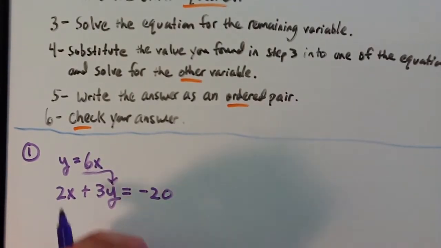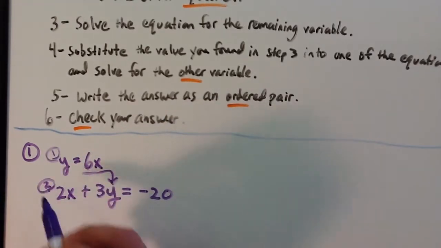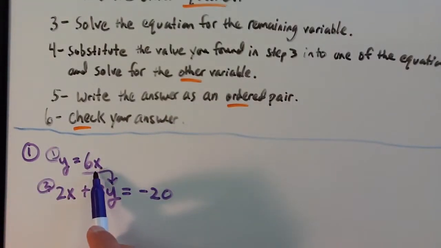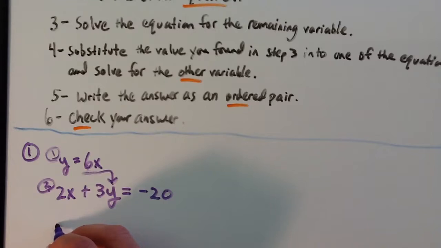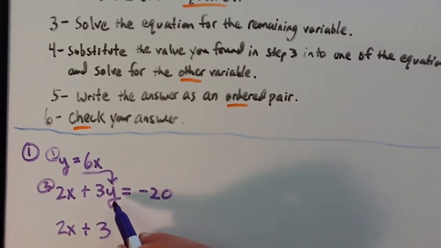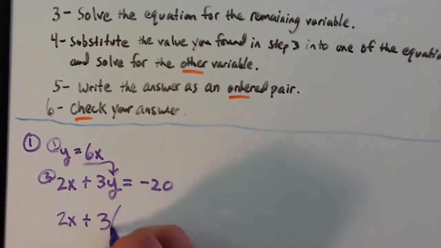Let's call this equation number 1 and this equation number 2. We're taking the value for y and plugging it into equation number 2. So let's copy what this equation says. Equation 2 is 2x plus 3y, which is 3 times y. Every time I plug in, I'm going to put parentheses where this variable is at.